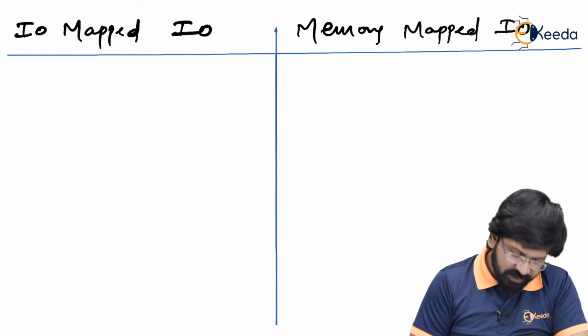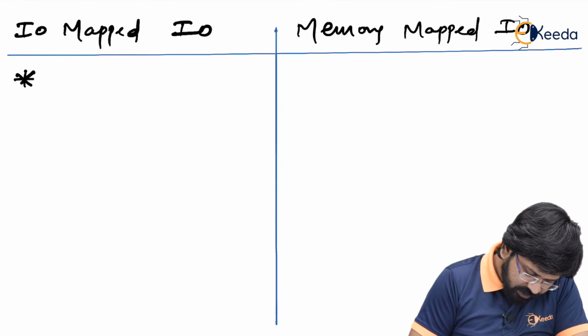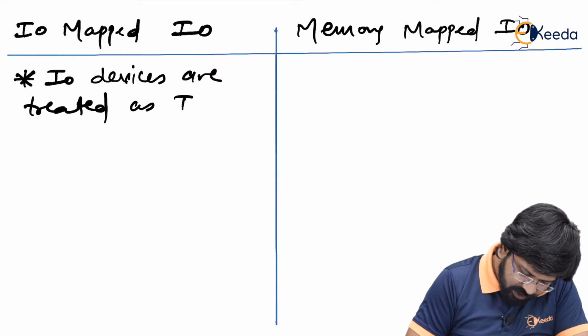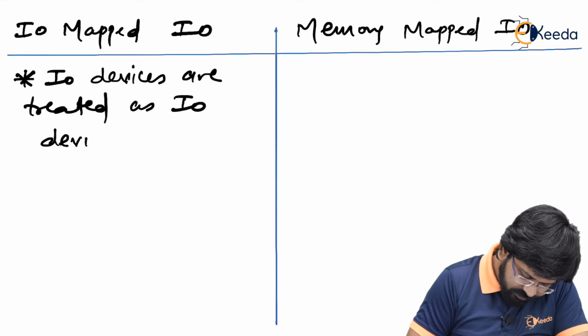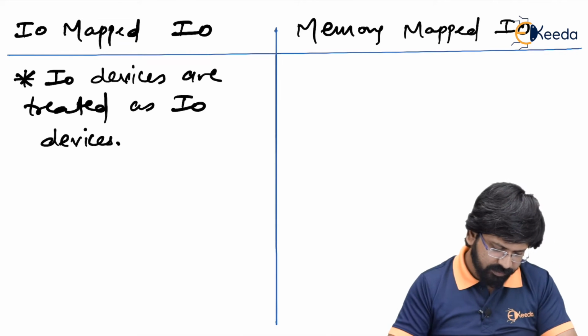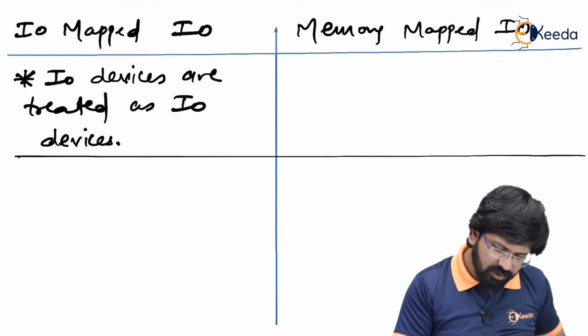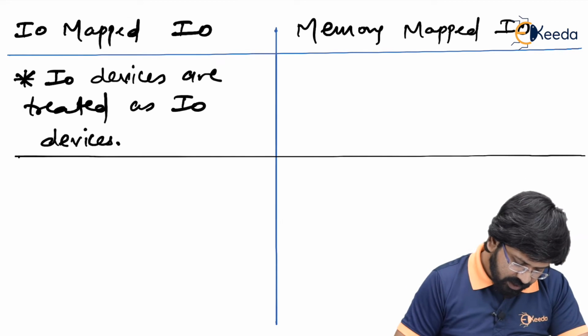IO mapped IO is a technique where IO devices are treated as IO devices. And when it comes to memory, memory is always treated as memory only.